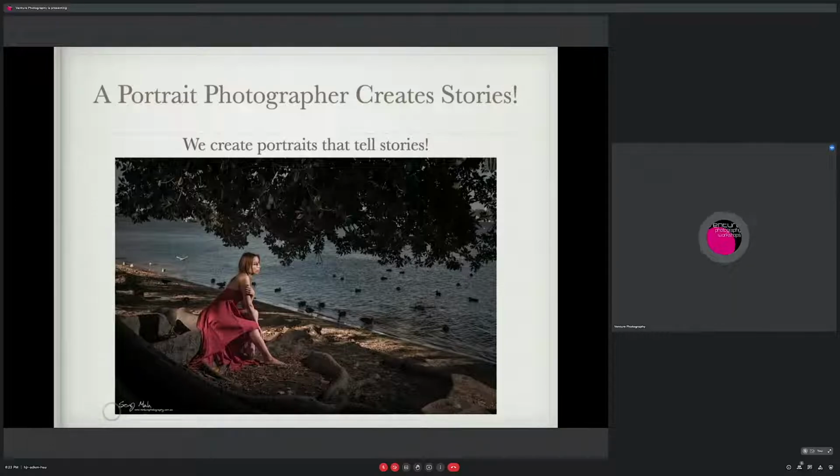I'm not saying that one is more authentic than the other. For me, they are both equally valid. And we can derive a lot of pleasure and joy from creating portraits in both settings, whether we are creating fictitious stories or whether we are, in a way, using a portrait of a real person to tell stories about who they are in their lives and so on and so forth.